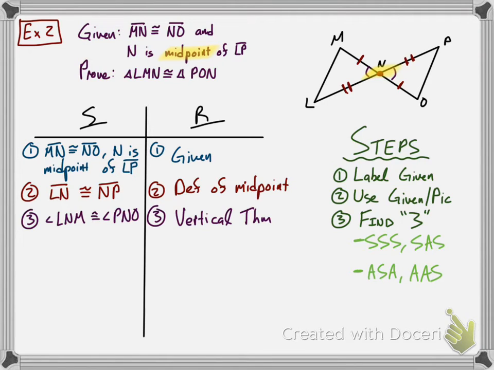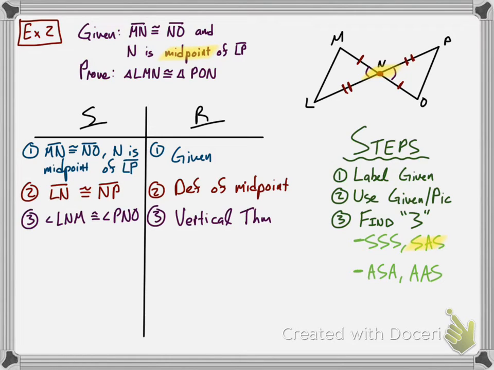Now we've used our given, we've pulled all the information out from our picture. So let's see if we have our 3 in here. We do have, you can base this on your picture or even the information given to us, side angle side.